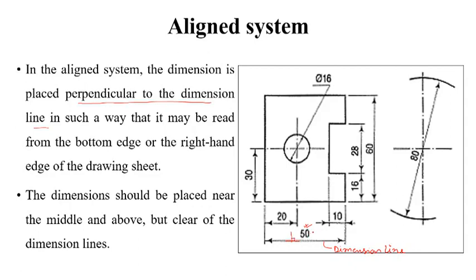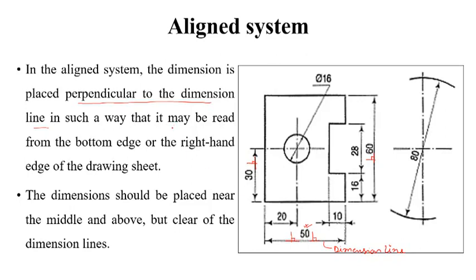You can see here this is perpendicular to the dimension line. Now I have another dimension line here. So here the figures are placed in such a way that again the figures are perpendicular to the dimension line. So in each and every case we can see that the dimension figure is always perpendicular to the dimension line. So that is your first condition.